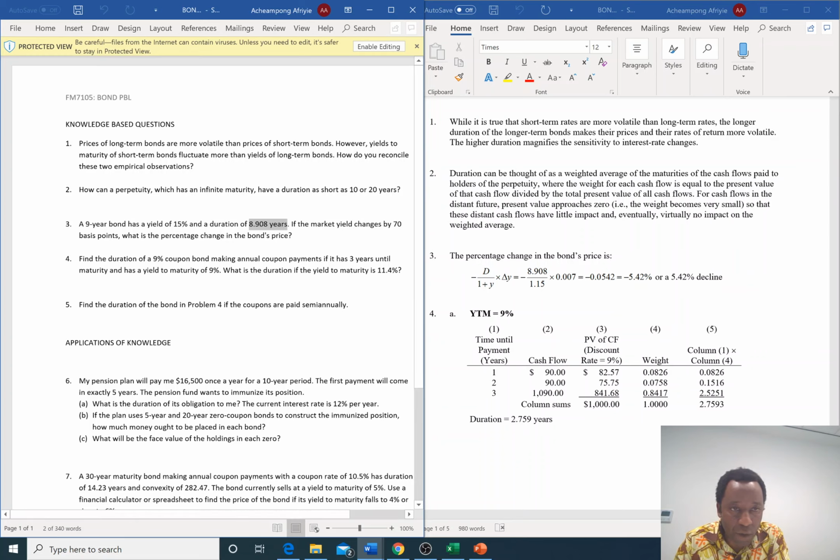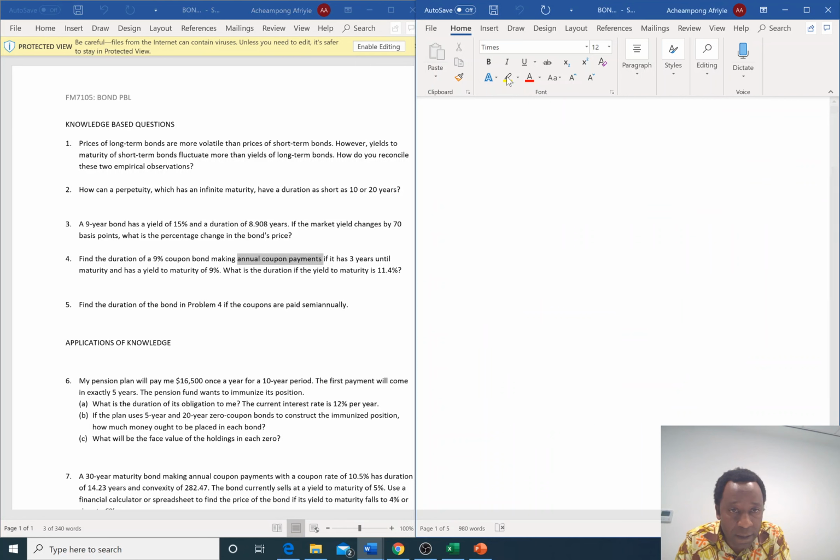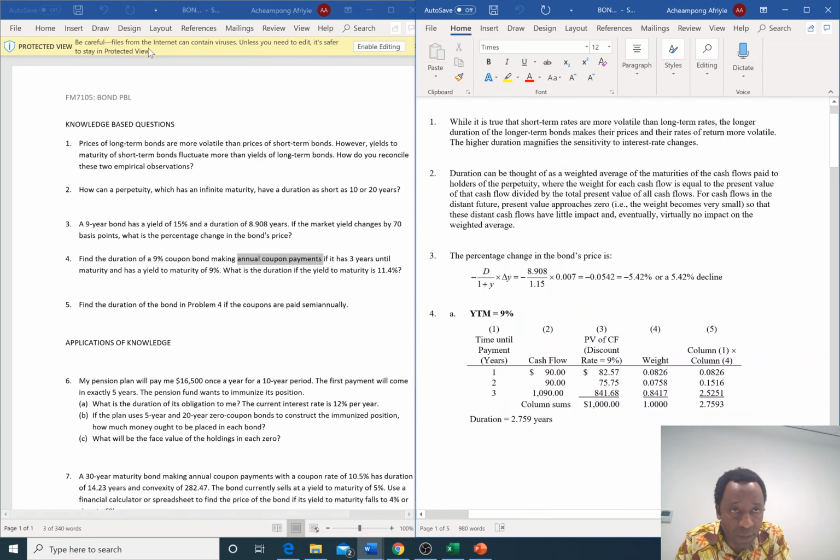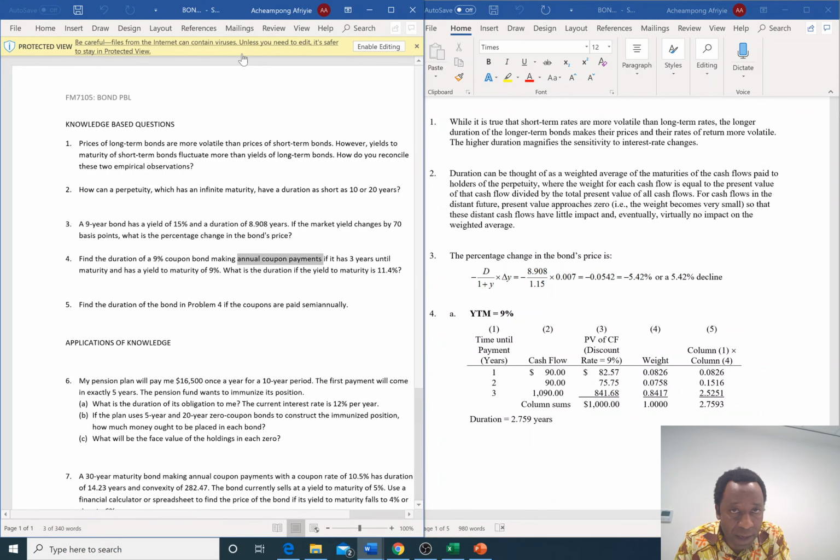Example number 4. It's a beautiful example. In example number 4, we are asked to find the duration of a 9% coupon bond making annual payments. That's very important. Remember, annual payment, because whether we have annual or semi-annual payments has an impact on how we set up our calculator.